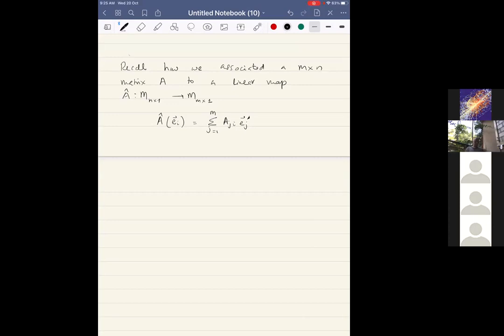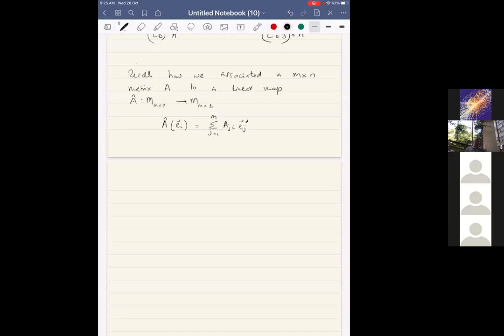Given A hat, this is how you get the matrix A from A hat. Note that for the array of numbers A_ji, the first index runs from 1 to M, and the second index runs from 1 to N, because here i runs from 1 to N.